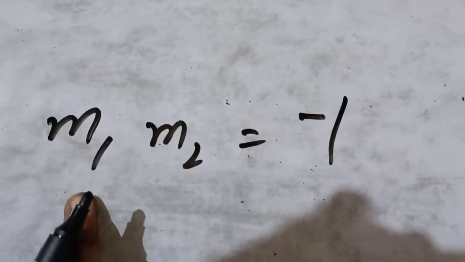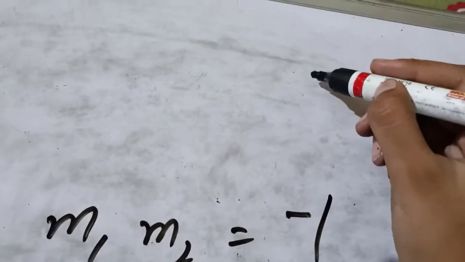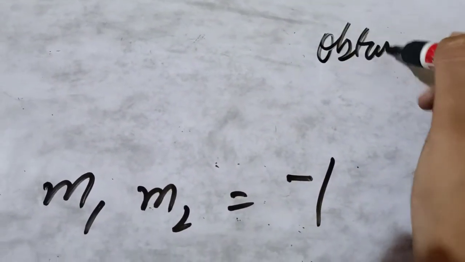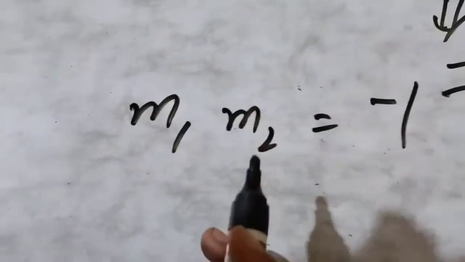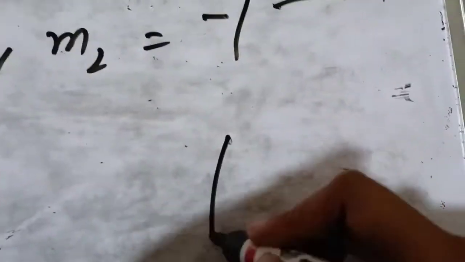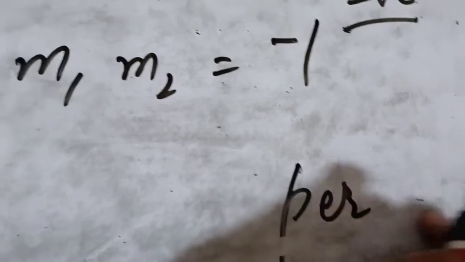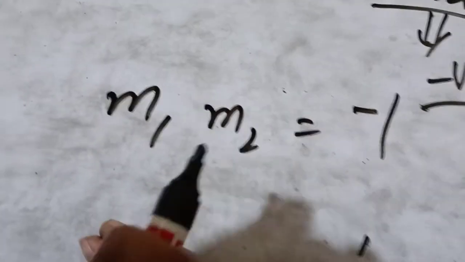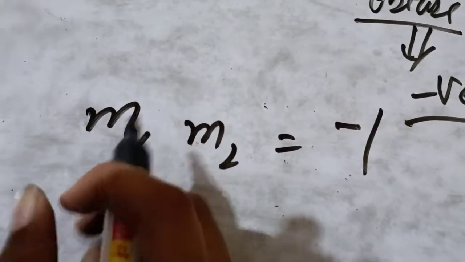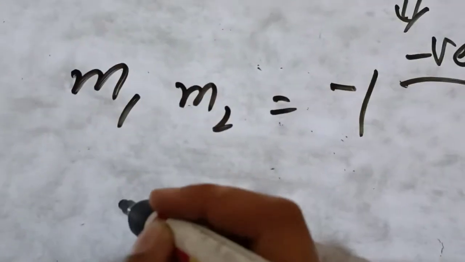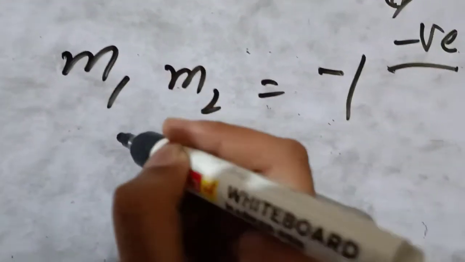Okay, this means if any angle is obtuse and we are finding its slope, then the slope will be negative in magnitude, right? To have perpendicularity, one angle must be obtuse, as I have told before, and if one is obtuse, that means there is one which has a negative slope.